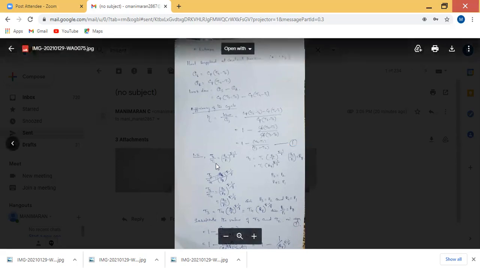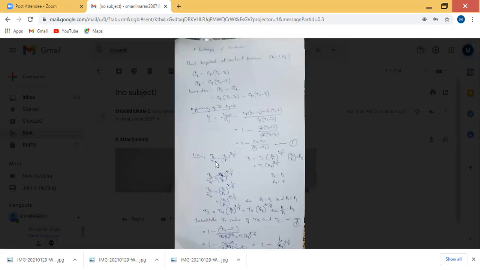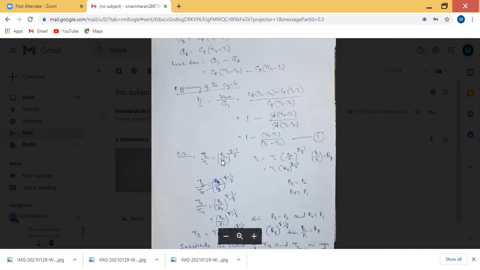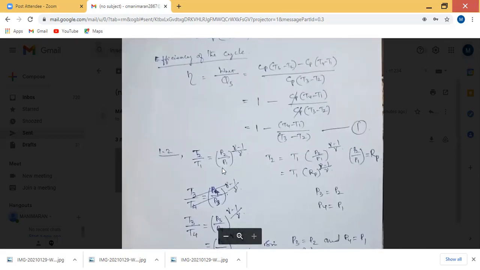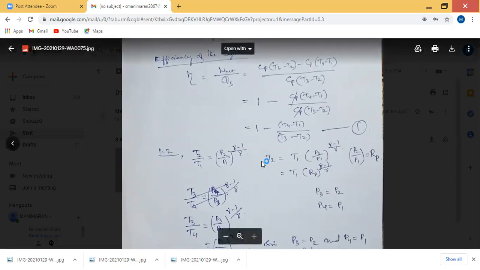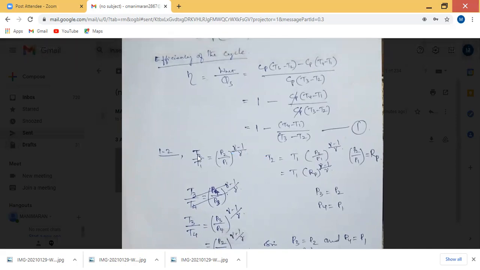In process 1 to 2, the PVT relation for this isentropic compression is T2 by T1 is equal to P2 by P1 to the power of gamma minus 1 divided by gamma. This is the PVT relation, which you will be studying in thermodynamics. Clear? From this we find the value of T2.